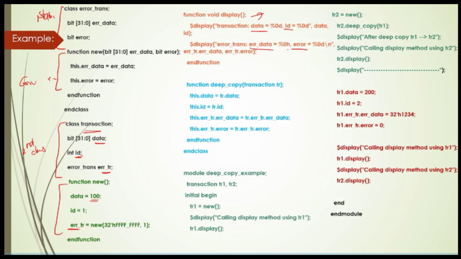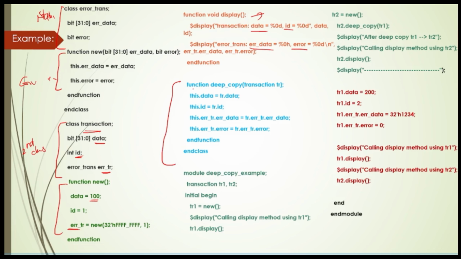Now as I told you, in deep copy you will be customizing the method. That means you will be writing your own copy method. So how is this own copy method going to look? This is my own copy method. A method is nothing but a function or task. Basically you will go for a function, since you don't have any delays in this.